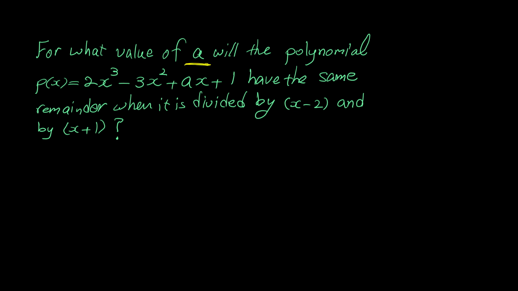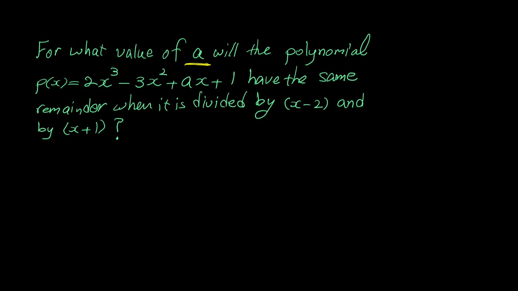The a is the unknown. If we look at the polynomial given, we have ax, so a is the unknown. We want to find the value of a such that when we divide this polynomial by x minus 2, the remainder is the same as the remainder when we divide it by x plus 1.